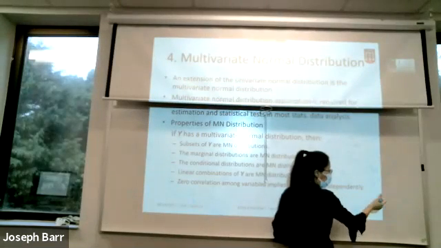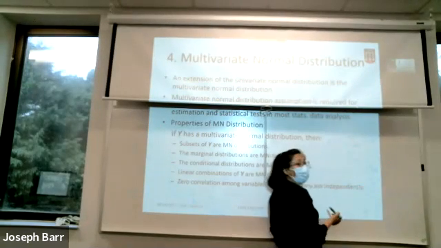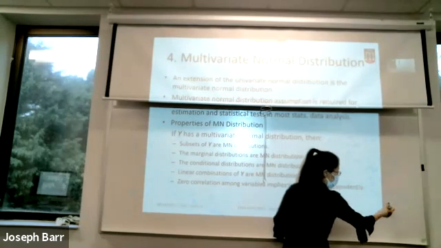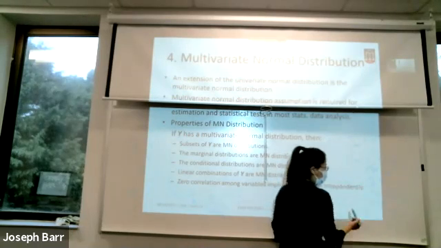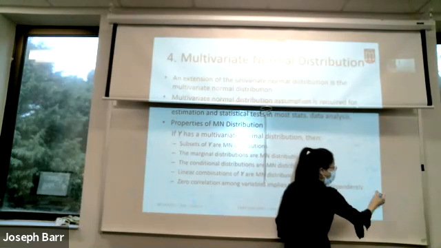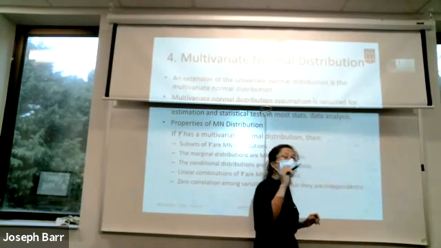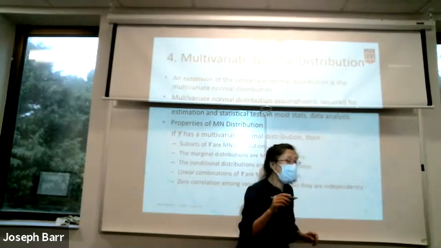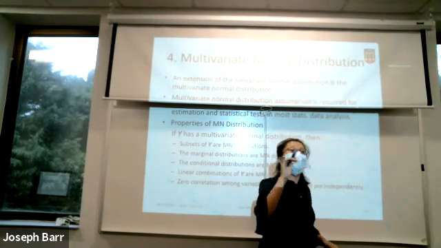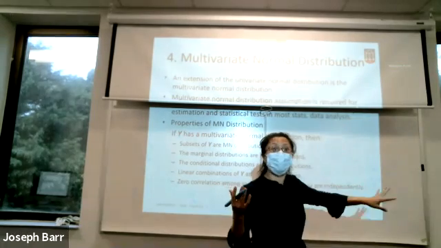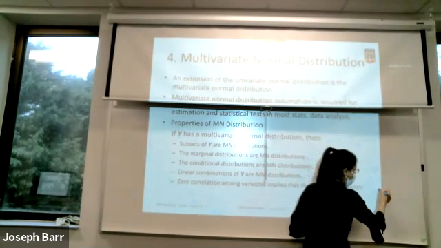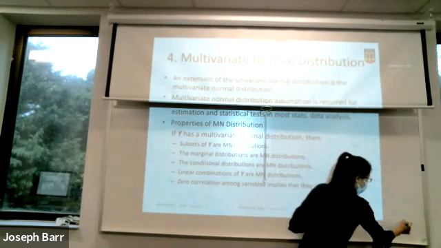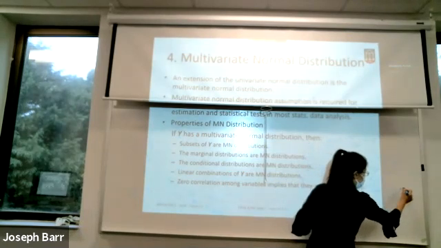So this element should be copied to this place, and this value should be copied to this place, and this value should be copied to this place. So there are 9 elements in total, but there are 6 different elements because 3 of them are the same, but they are in different places. So 3 variance parts, 3 covariance parts.